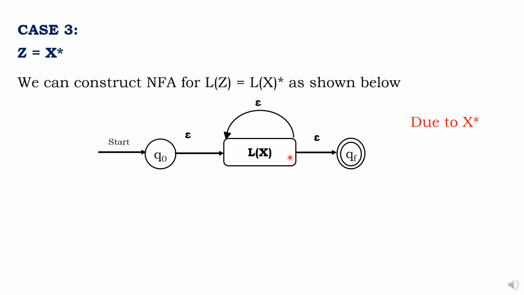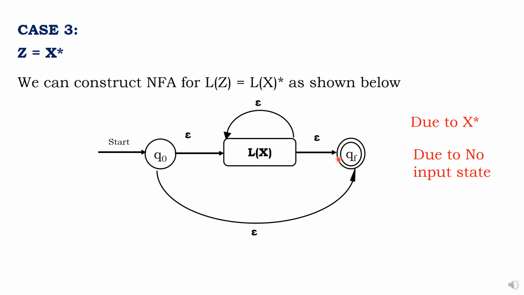But sir, if you say star, it should have empty also. Yes, obviously. But there is no empty path here. I couldn't see any empty path. It is starting from here. Definitely it will go one time at least. Where is the empty path? No problem. Since you need an empty path, I bring one more. So due to no input, that is called the empty.